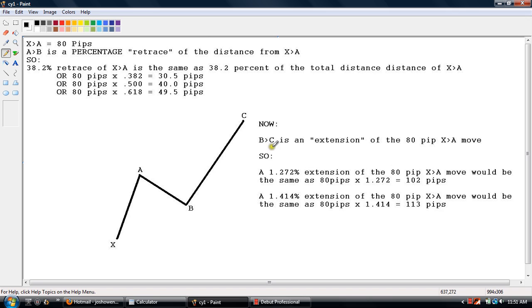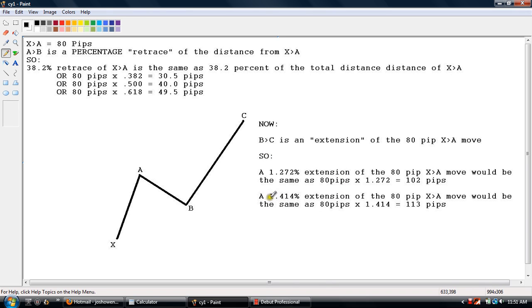So, with that being said, a 127.2 extension of the 80 pip X to A move would be the same thing as if you put a calculator on it. 80 pips times 1.272 or 127.2% is going to net you 100 pips, 102 pips this direction.